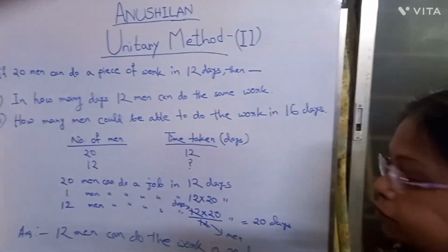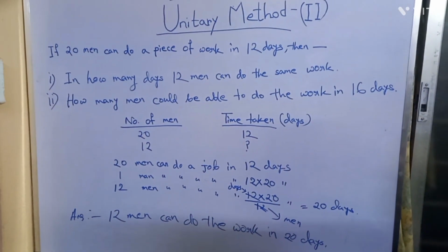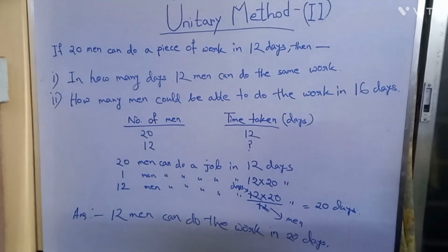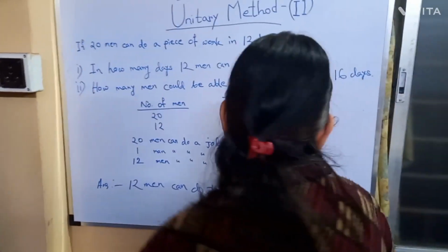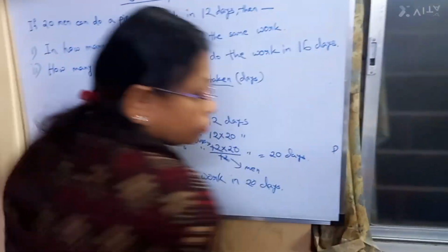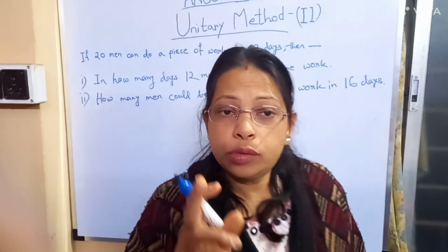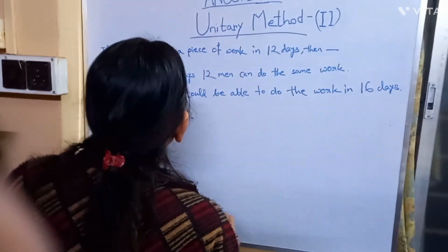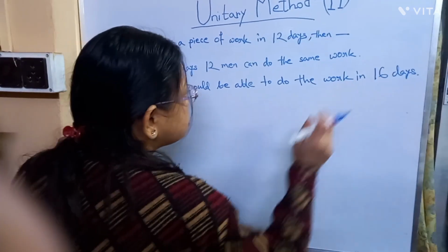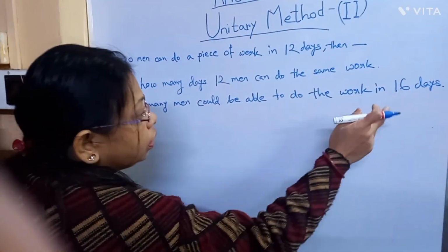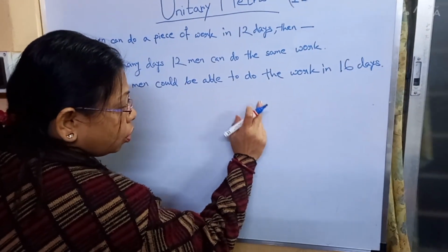Now I will solve the second part. Here, how many men could do the work in 16 days? The unknown parameter is men, so I'll put it on the right side.